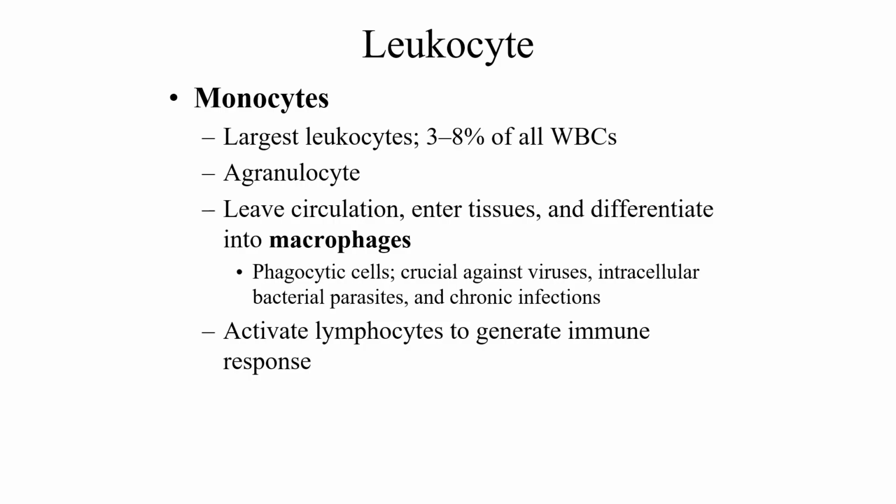When we look at the relative concentrations of them, the neutrophils are going to be the most abundant. We're going to have the highest concentration of neutrophils, followed by our lymphocytes. After our lymphocytes, our next most abundant white blood cell is going to be our monocyte.